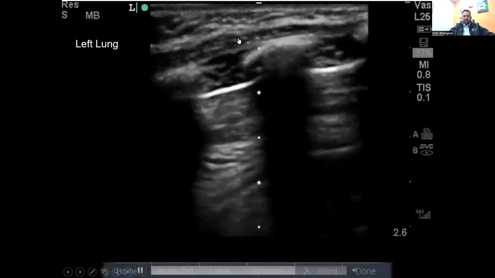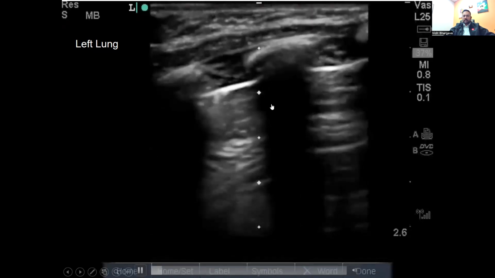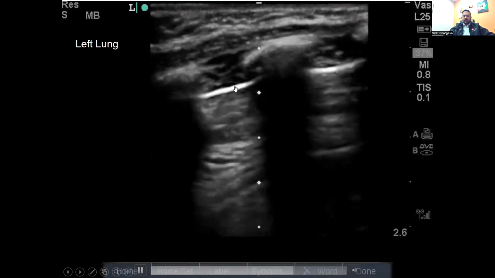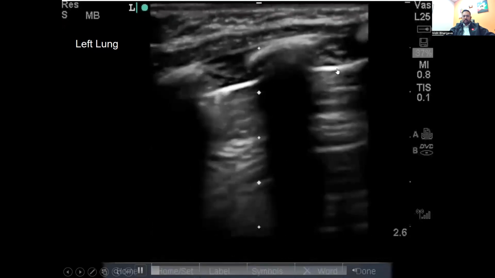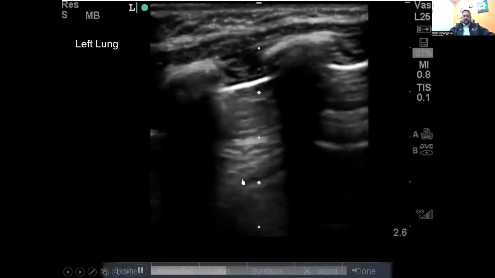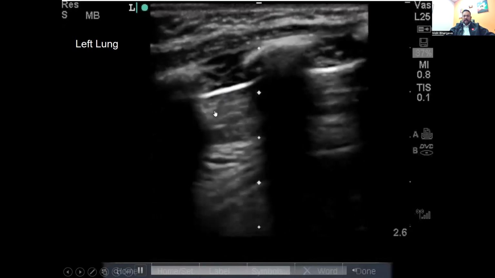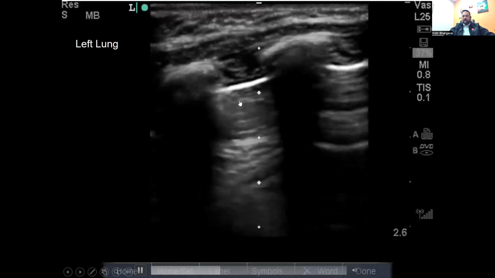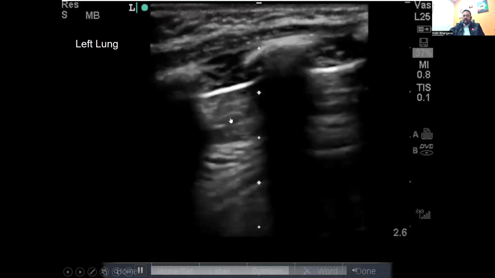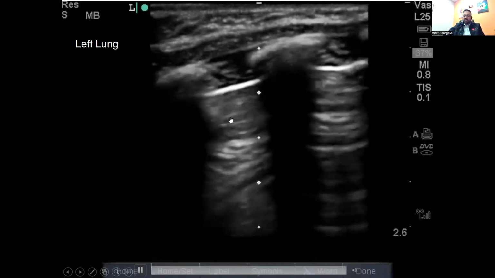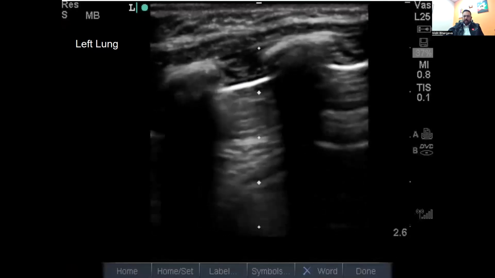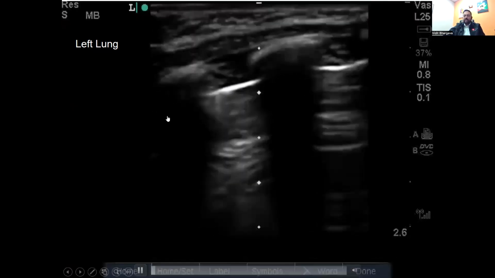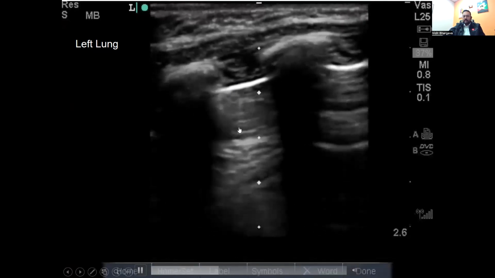This is the left lung. And on the left side, you can see that the pleural sliding is not great. You can see some A lines, but then I do see some vertical artifacts. And when I see these vertical artifacts, either Z lines or B lines, that would make me less suspicious for it being a pneumothorax, unless I was seeing a lung point, which would be a transition zone between areas of sliding and no sliding.